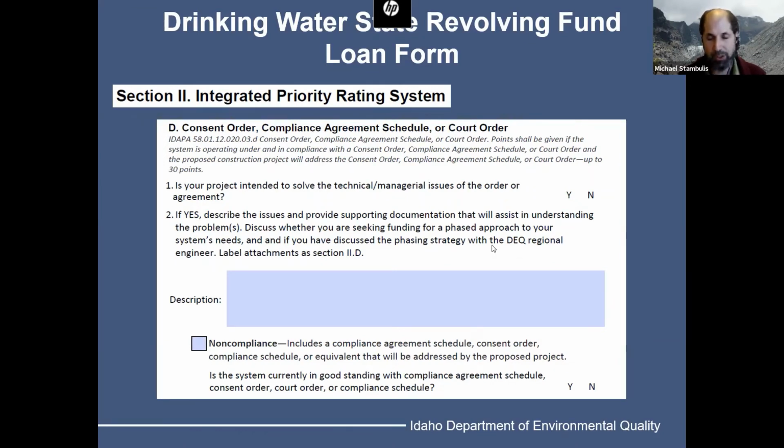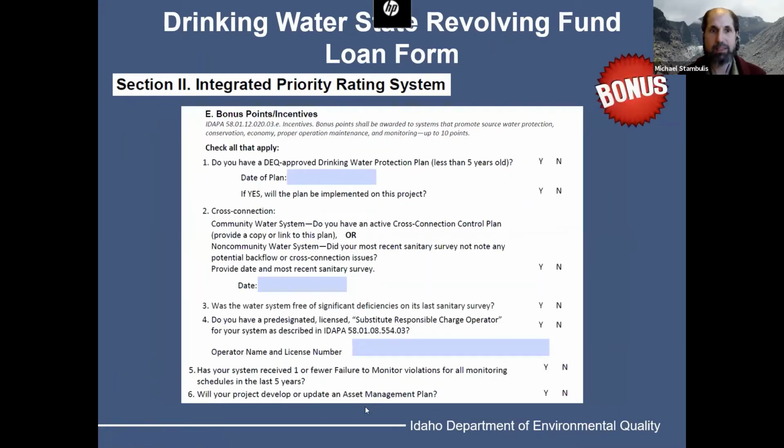The next section that is a little bit different is the bonus points section. Once again, this is trying to reward systems that are operating in a manner that DEQ recognizes leads to positive outcomes within their system. So you'll see the drinking water protection plan. Do you have a cross-connection control plan? Were you free of significant deficiencies on the last sanitary survey?